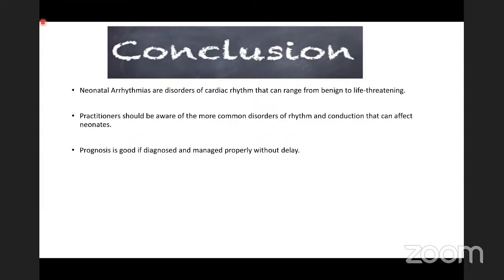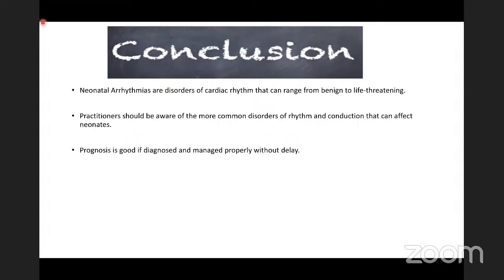So when you give adenosine, it goes to the coronaries and blocks the AV node, and if the tachycardia is not AV node dependent, it will keep going on.